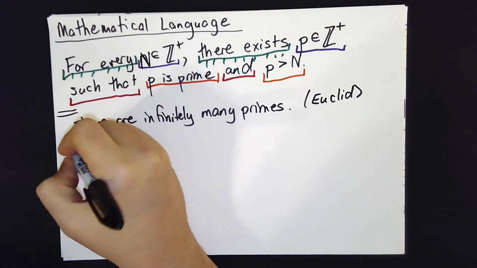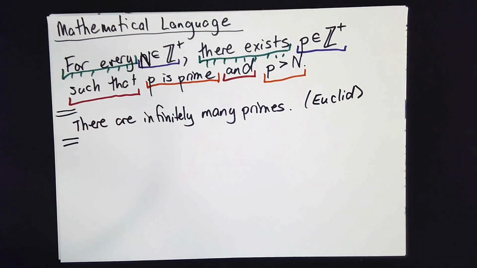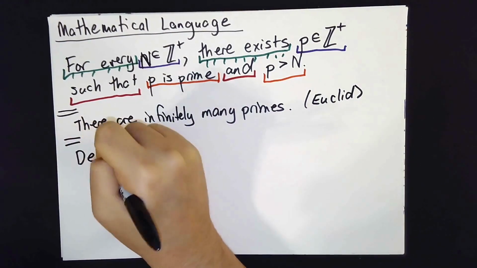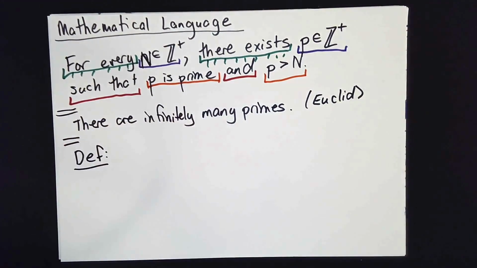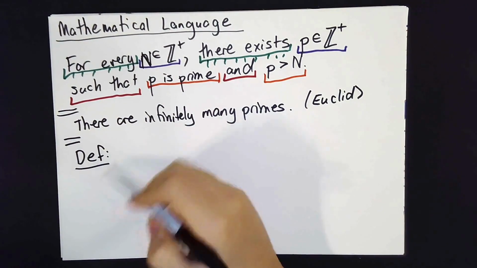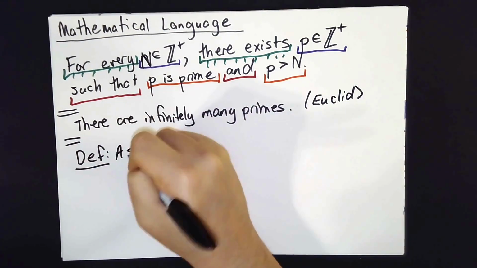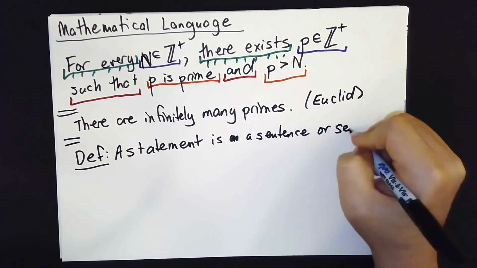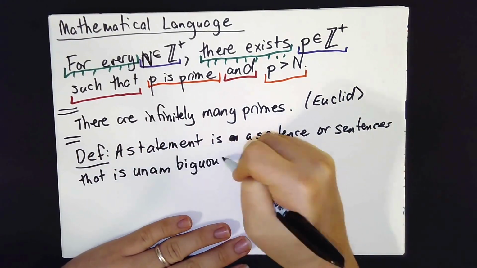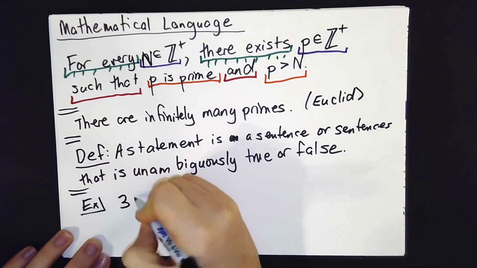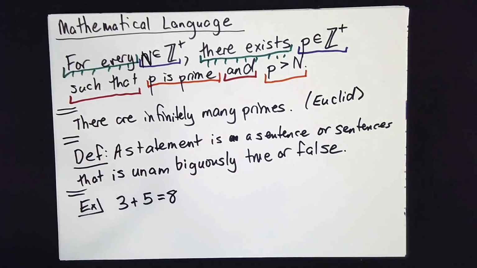So we're going to start by defining what a mathematician means when they talk about a statement. And so in this course, whenever I'm defining something, I'll write it like this, "def:" colon, underline usually. So a statement is a sentence, or sentences, that is unambiguously true or false. And note, something like 3 plus 5 is 8. This is a sentence.